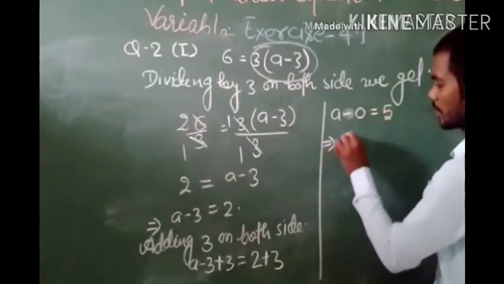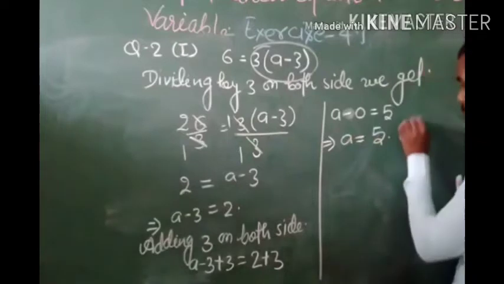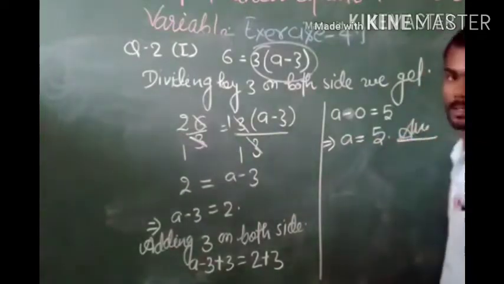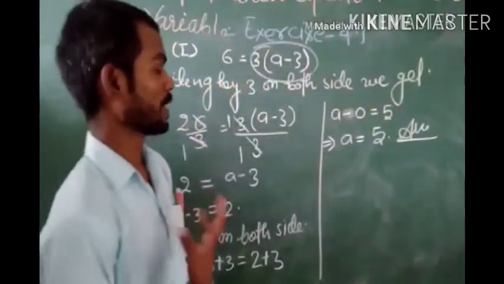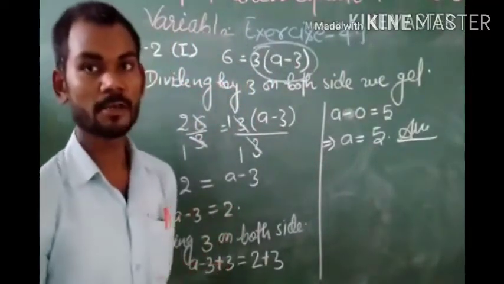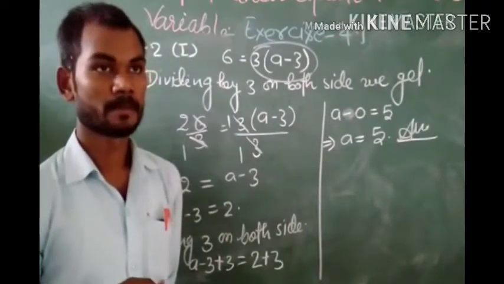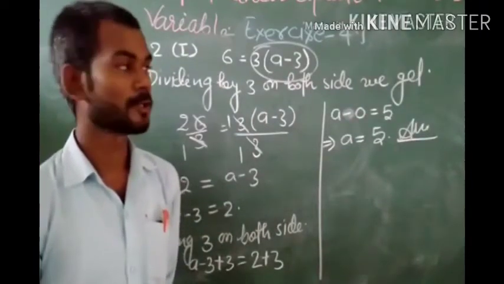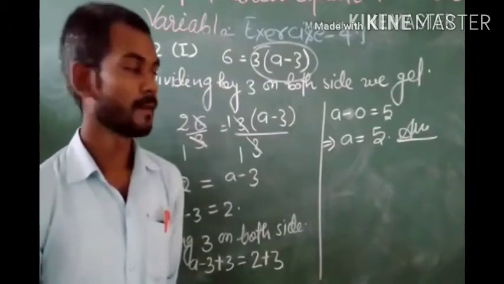This implies a is equal to 5, which is the required answer. This is the method of solving a linear equation in one variable by simultaneous operation on both sides of the equation. I hope you get everything very much.